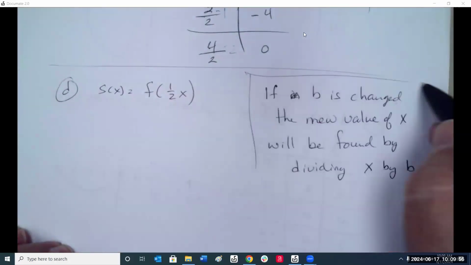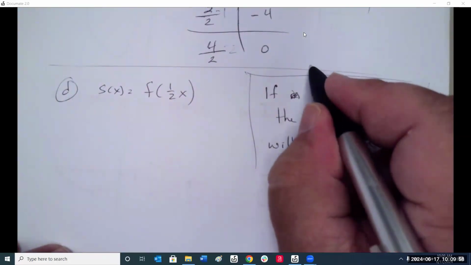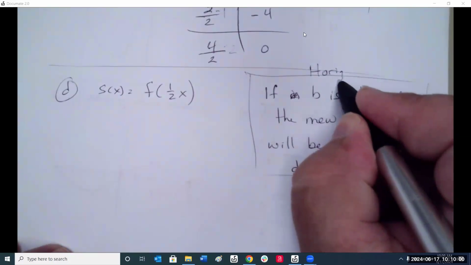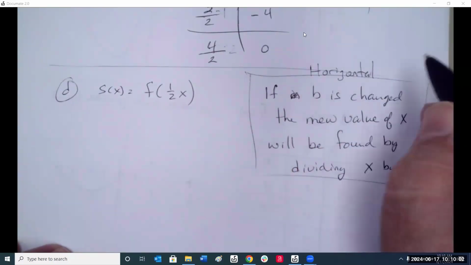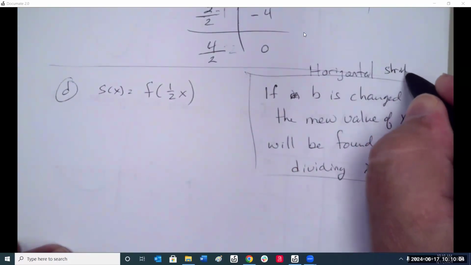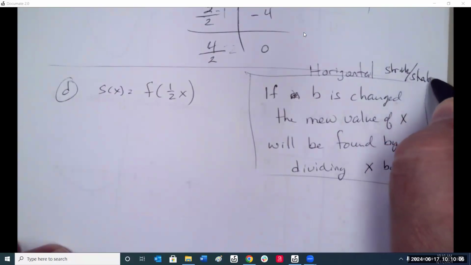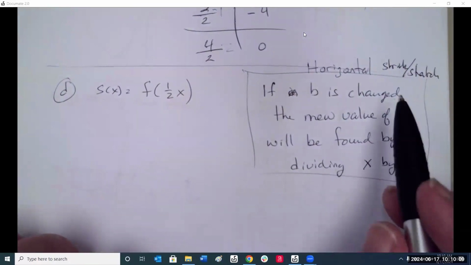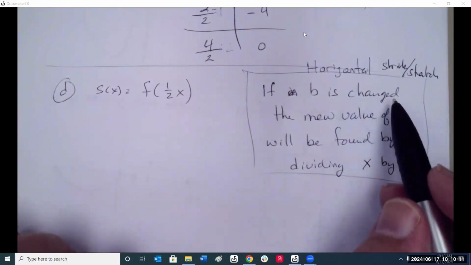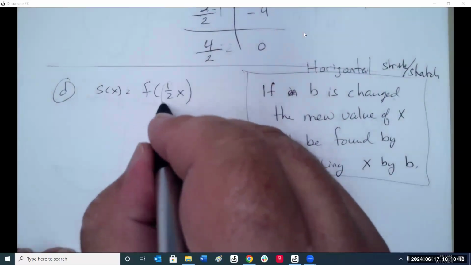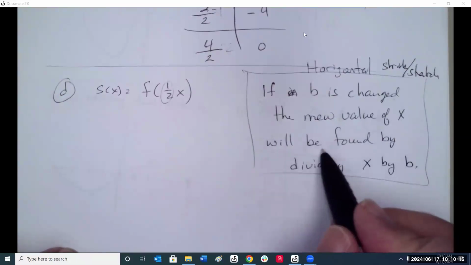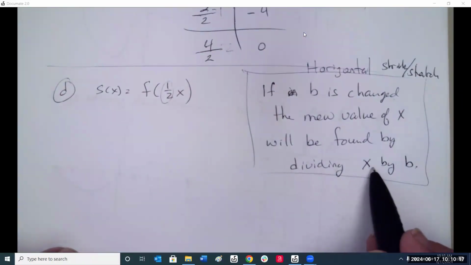If you think about it, this is what we're doing. This is for horizontal shrink, stretch. If b is changed, in other words, if your coefficient of x, then the new value of x will be found by dividing x by b.